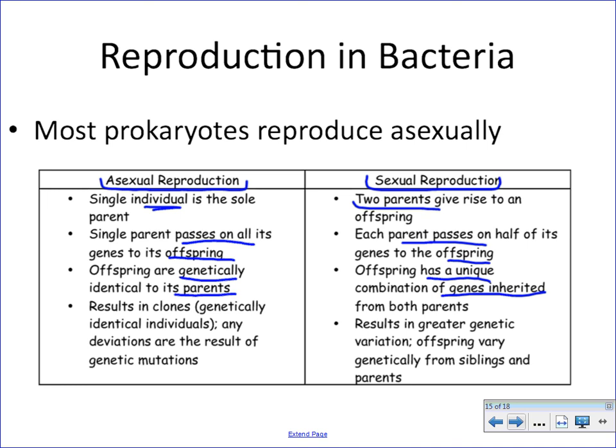So the result in asexual reproduction is a clone, a genetically identical individual. In sexual reproduction, you end up with greater genetic variation within the offspring, and so offspring are going to be genetically different from siblings and parents.